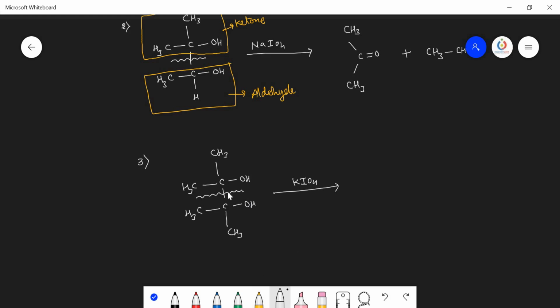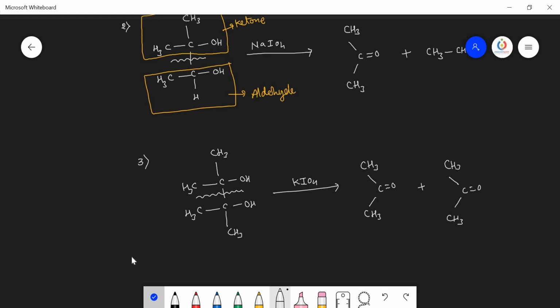So break the bond because two OH groups are there. Again, both carbon atoms where we are breaking the bond do not have any hydrogen, so convert them into the keto group. So here CH3, C double bond O, CH3, this first part, and the second part also gives the same molecule: CH3, C double bond O, CH3.